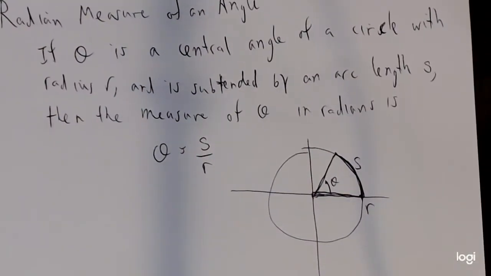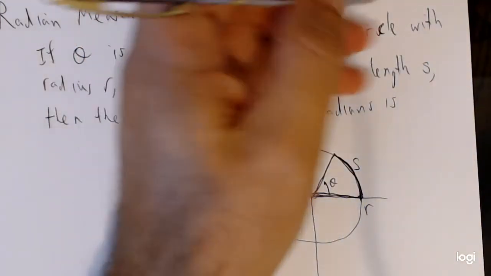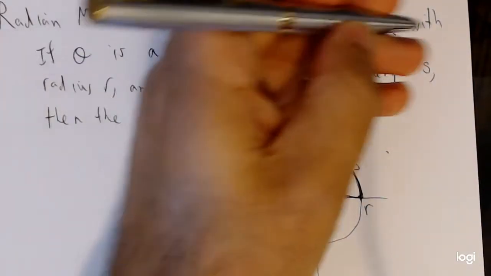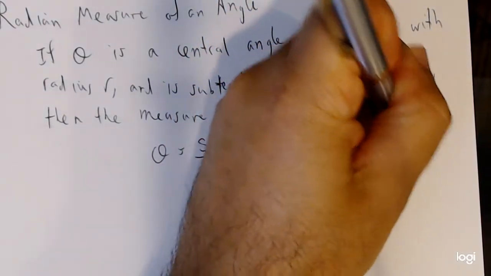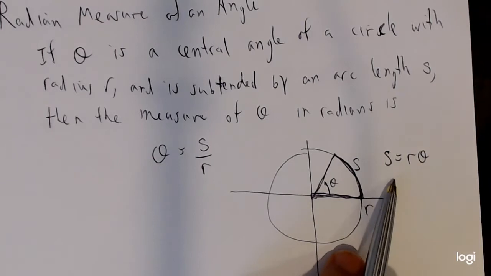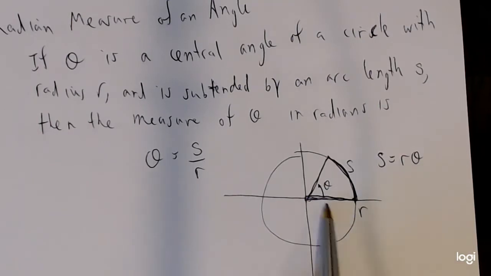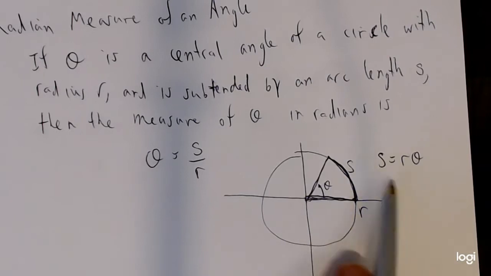In previous courses you may have also seen that the arc length depends on the radius and theta. So the larger the radius or the larger the theta, obviously S becomes larger.